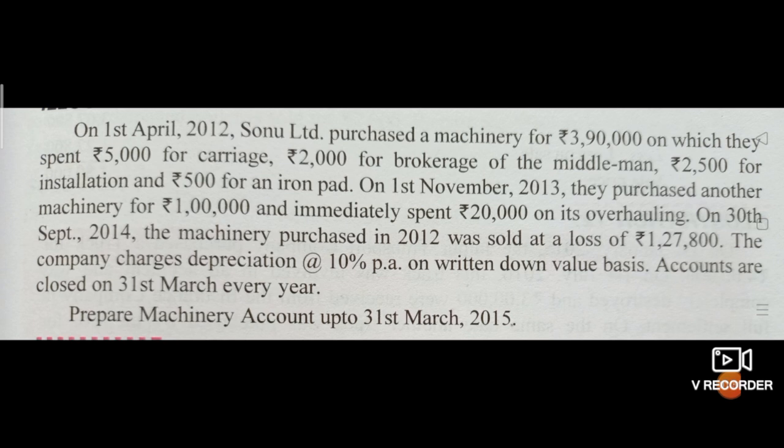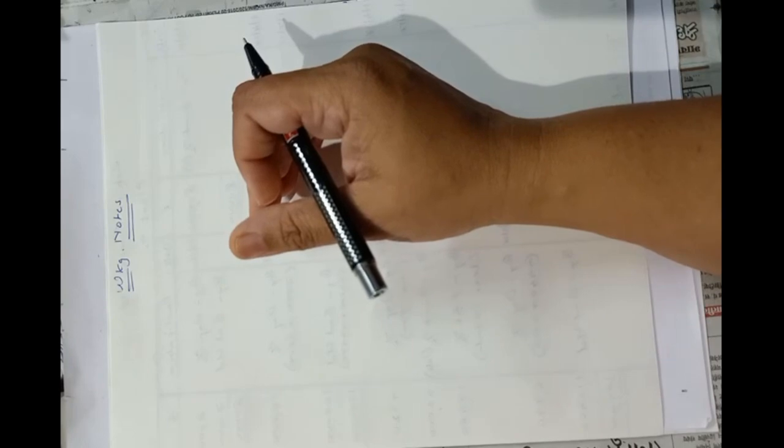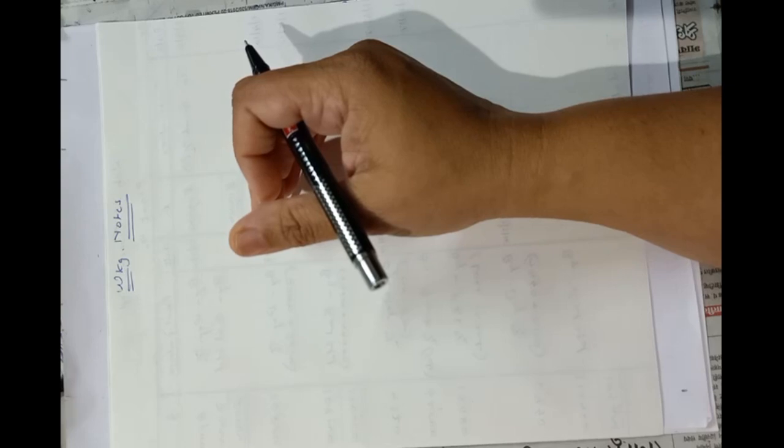Let's start. So here we will prepare machinery account of Sonu Limited, and here we will do the working as usual. Let's prepare the working note first, and then from that working note we will prepare machinery account. It is given that on 1st April 2012 they purchased a machinery for rupees 3,90,000.